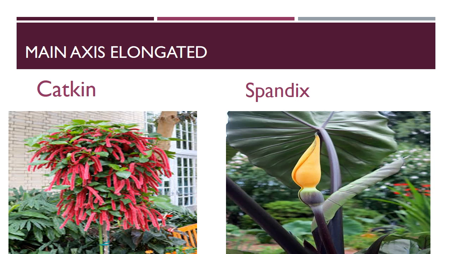So next one is spadix. So what is meant by spadix? An inflorescence with a fleshy or thickened central axis that possesses many unisexual sessile flowers in acropetal succession. Usually female flowers are found towards the base and male flowers are found at the apex.